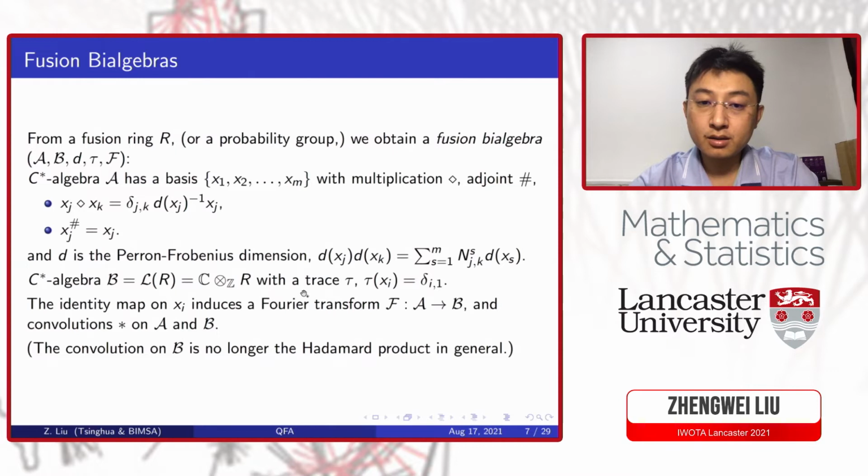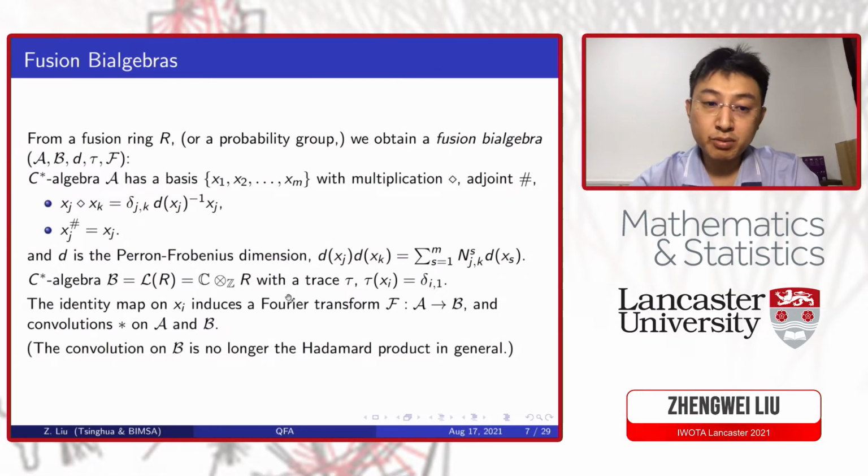Now the definition this way has several other motivations. In particular, when the fusion ring is given by the representation of a group, then the Perron-Frobenius dimension is exactly the dimension of the irreducible representations.